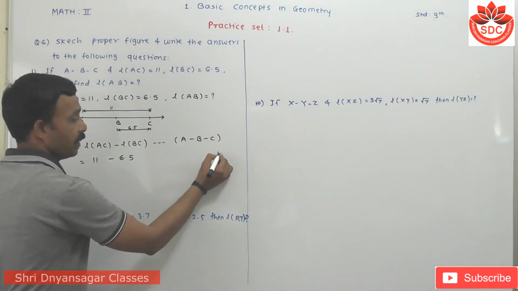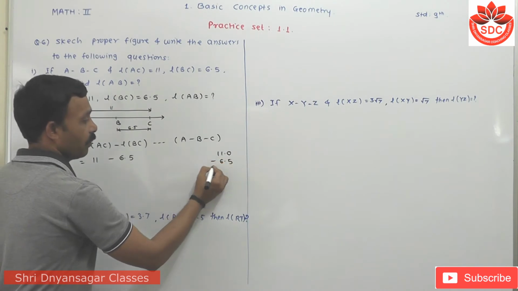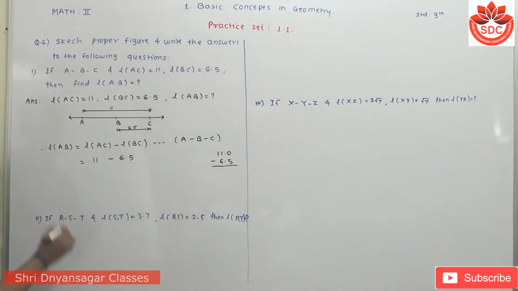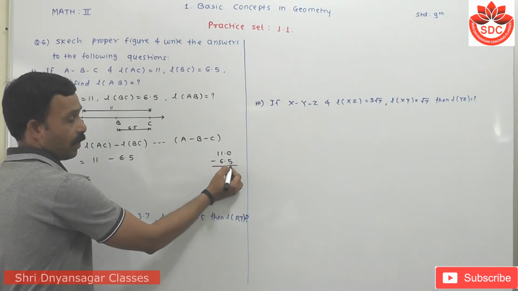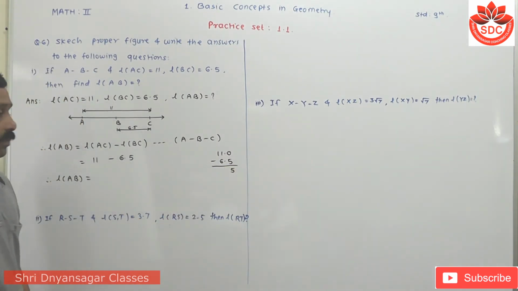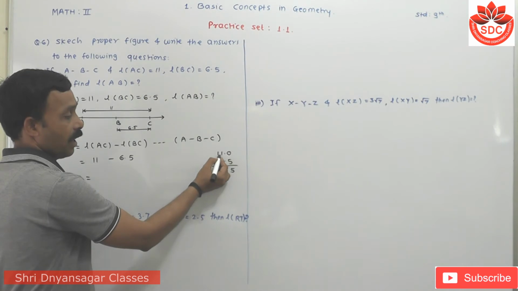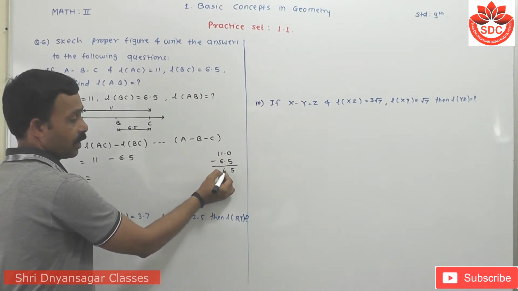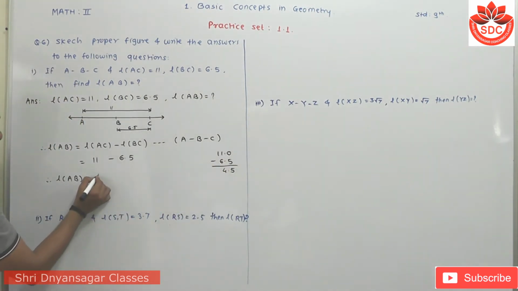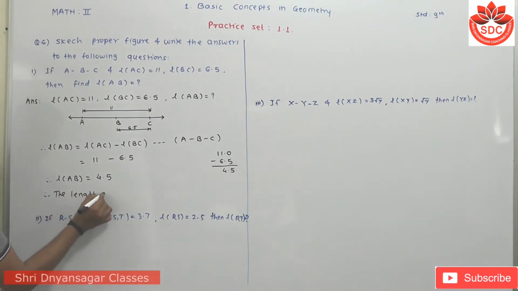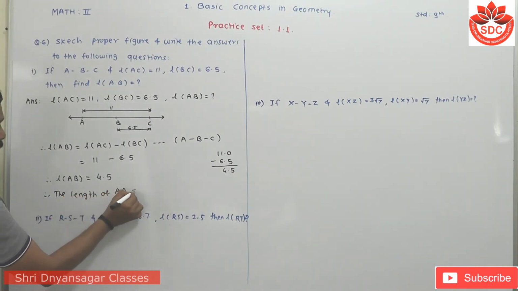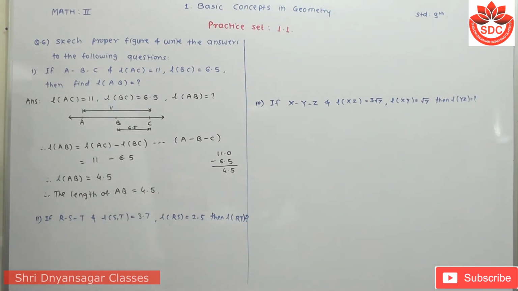We have to subtract 11.0 minus 6.5. The subtraction becomes, meaning that the length of AB is equal to... so simple. Here 10 minus 5 becomes 5. Then the remaining is again 10 minus 6 becomes 4, meaning 4.5. So the answer in a full sentence: therefore, the length of AB is equal to 4.5.